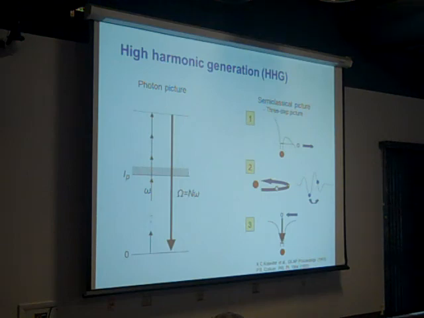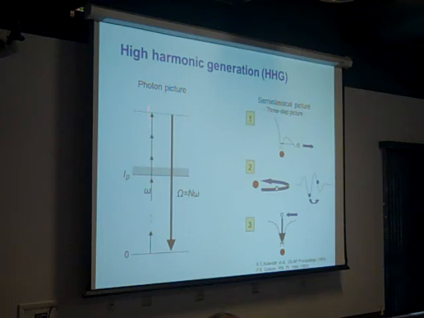Now you hopefully understand that there's a clear relation between this picture and this picture. That's the same thing. This is also a three-step process. Absorption of many photons is the first step. In the continuum, the second step. Transition back to the ground state is the third step. So there's a one-to-one correspondence. Here is the absorption of many photons.